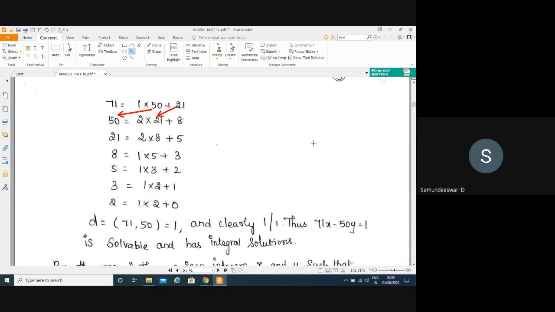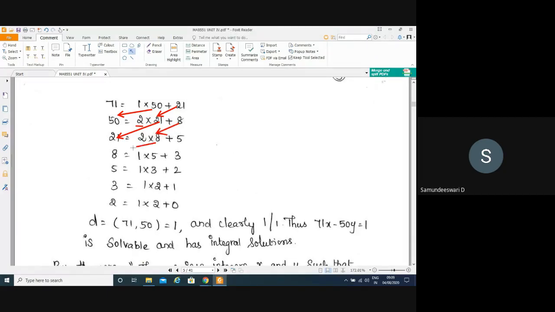The dividend is 50, the divisor is 21, the remainder is 8 and the quotient is 2. Again the same procedure: 21 divided by 8 gives 2 into 8 plus 5. The remainder is 5, and the divisor is 8.